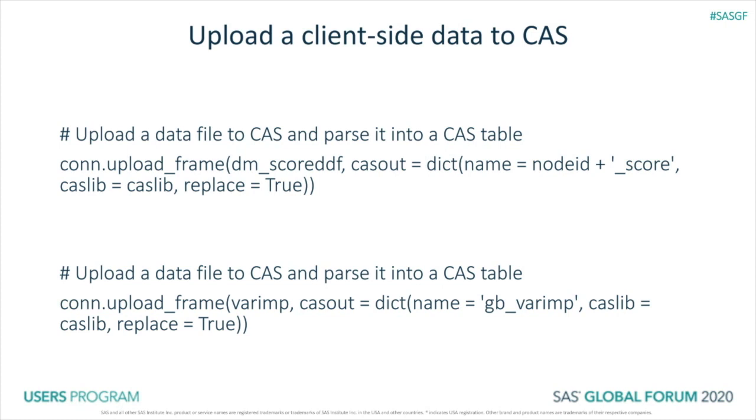This is the name of a score table that Model Studio expects, and it will use it to generate model assessment reports. We also want to upload the relative importance scores generated by the XGBoost model to CAS in the project library as the gb_var_imp table using the upload_frame method.